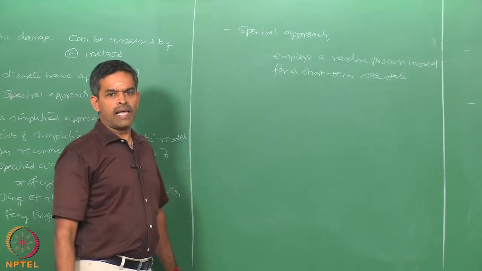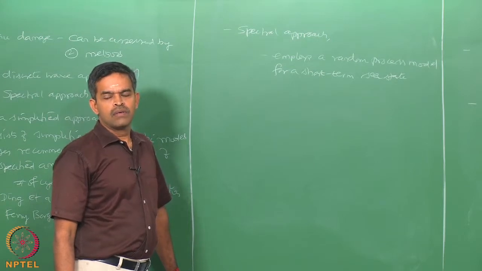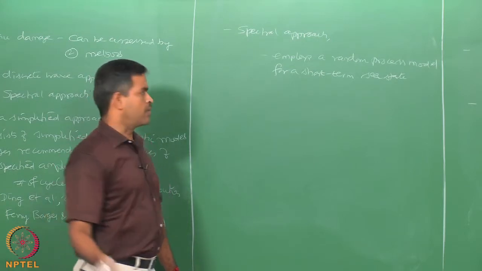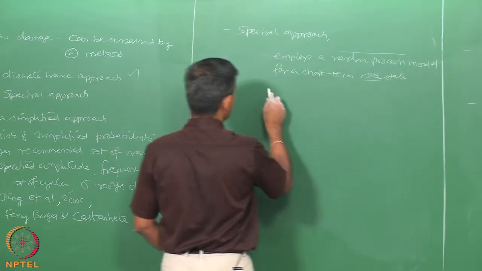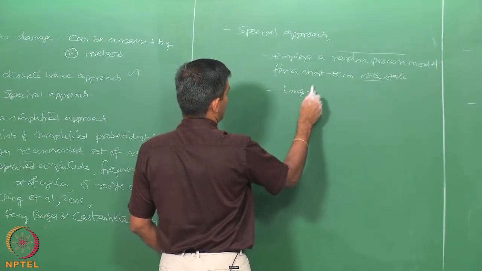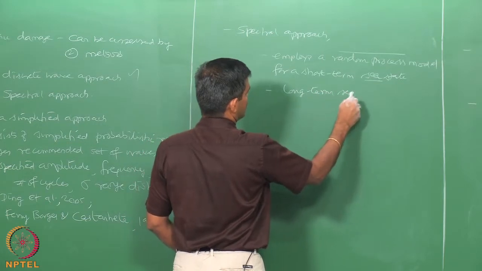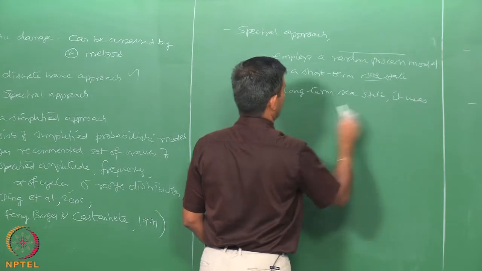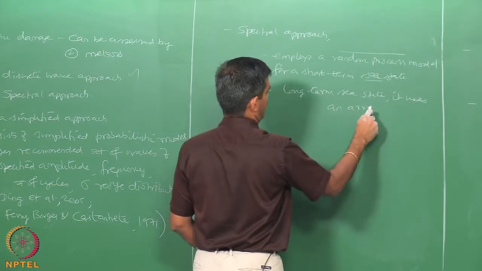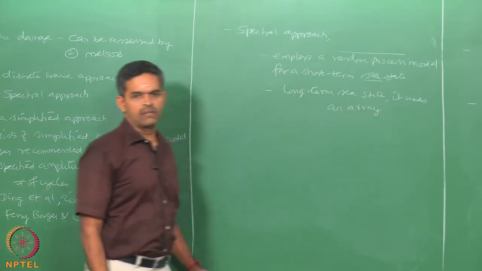It looks for an array which are constituted for a long term wave environment. So, it looks for a random process model for a short term sea state. In case of long term sea state, it uses an array of the random vectors.